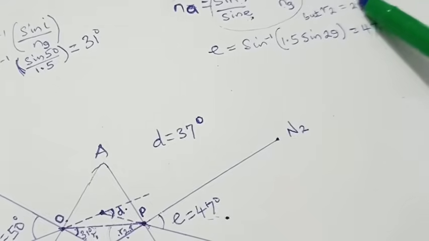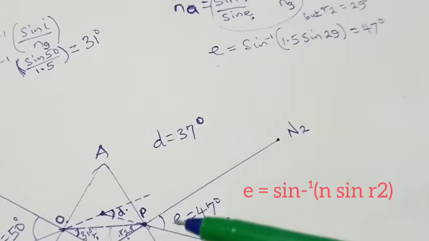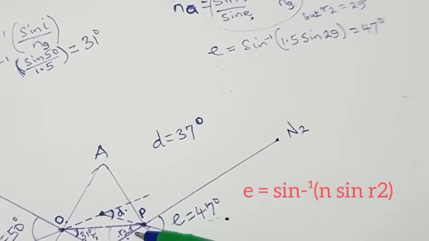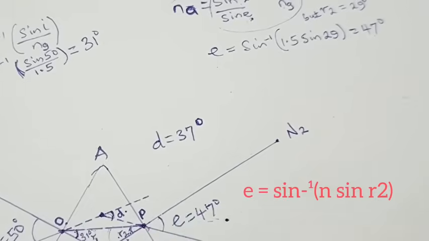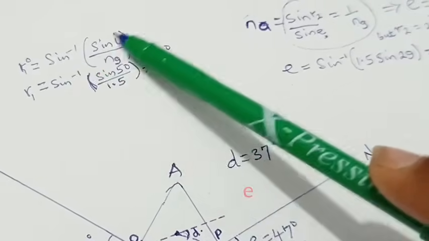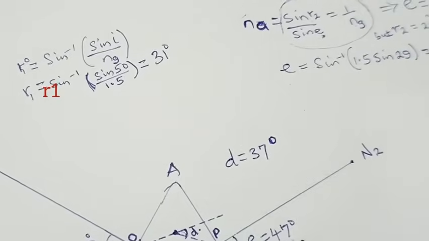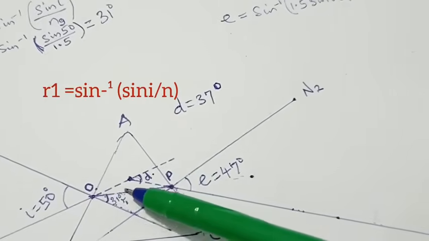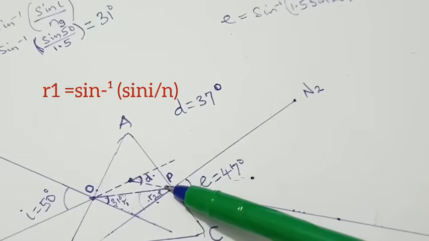R2 can be measured with your protractor once you get the refracted ray and the normal. You need this formula to get your R1, and you need R1 to draw this refracted ray.